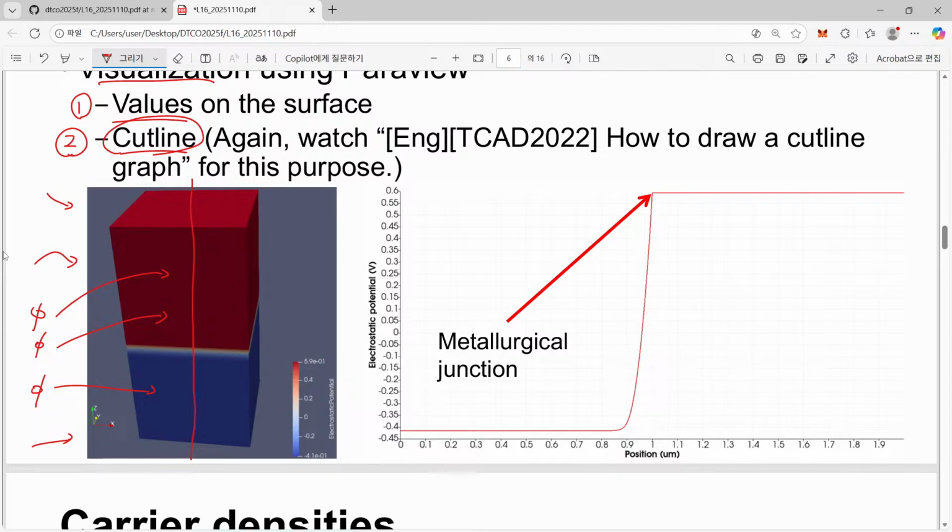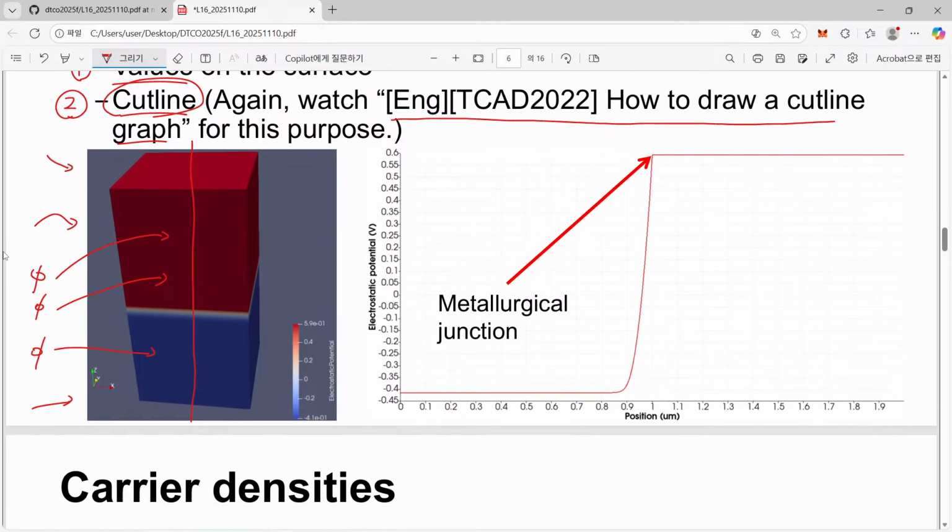For details, please watch our already uploaded video on my YouTube channel on how to draw a cut line graph. It is not that easy if you are a newcomer to the ParaView program. It is not related to my program, G-Device, but it is a matter of familiarity with ParaView. ParaView has many functionalities, so you need to spend some time to get familiar with it.